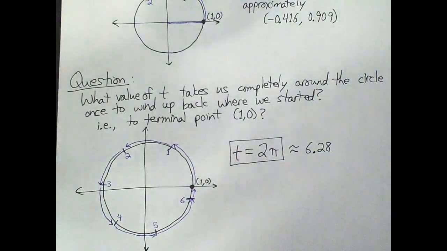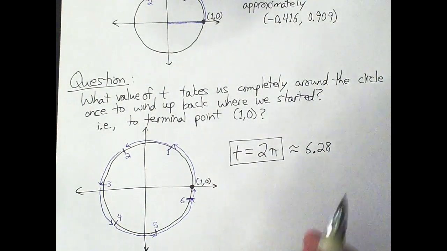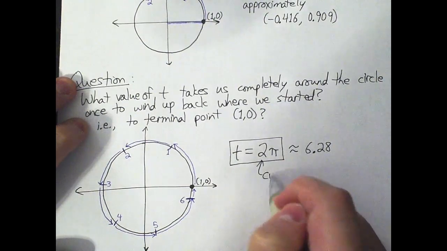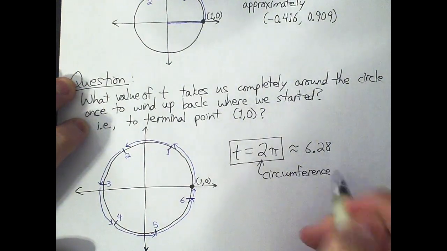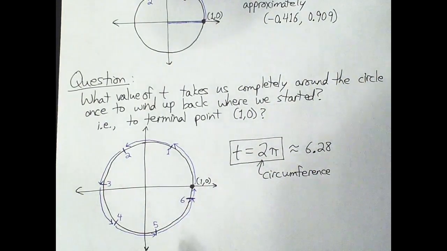But another way that you might know this is if you remember the formula for the circumference of a circle. So this happens to be the circumference of a circle with a radius of 1, because the formula for circumference is 2 times pi times radius, and the radius is 1 in this case.